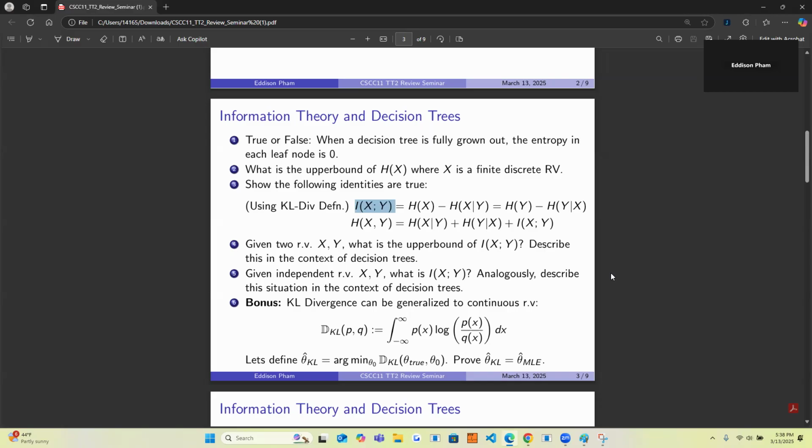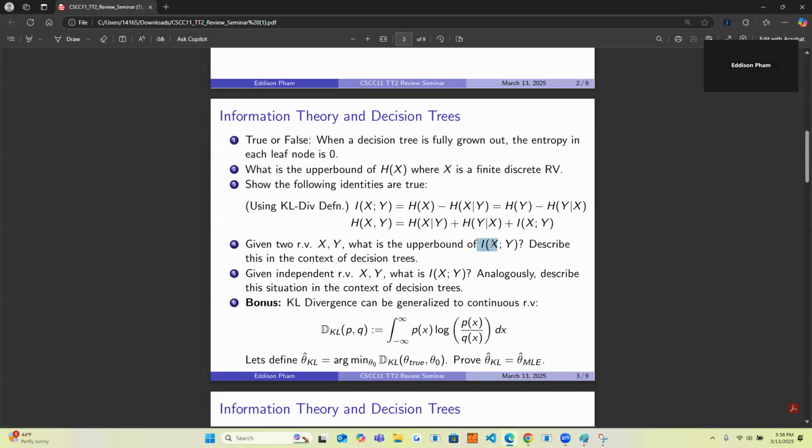So can anyone tell me what you guys think is the upper bound of this? It's got to do with something with the conditional entropy. This and this. Does anyone want to take a guess? Nobody? All right, then.